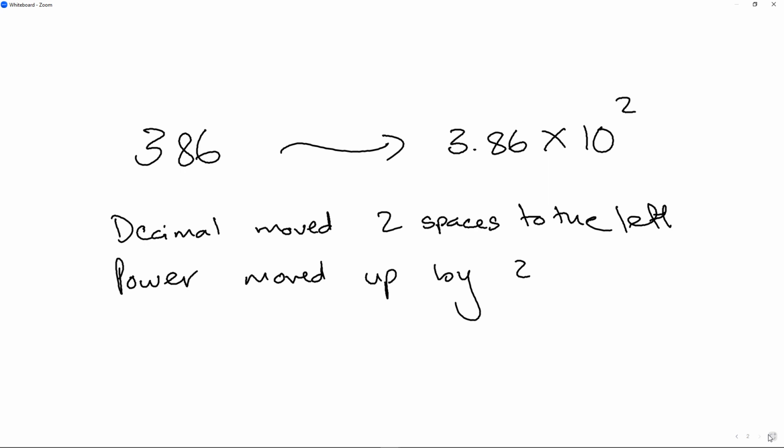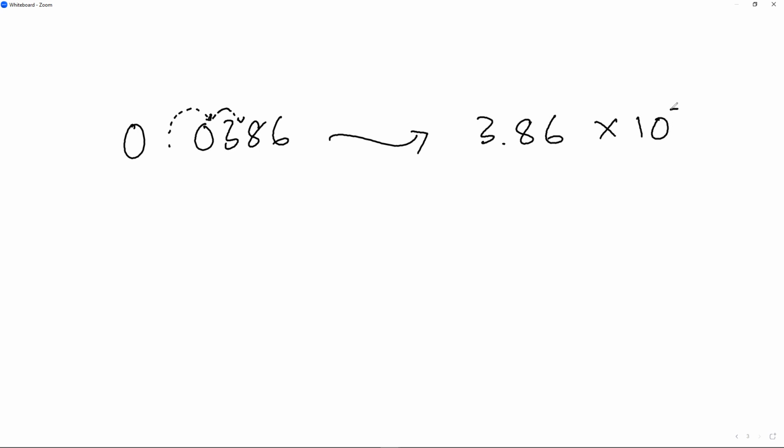Let's look at what happens when we move the decimal to the right. Suppose I got the number 0.0386. And I want to convert this, so I move it across once, twice, it becomes 3.86. And because I'm moving it right, it becomes 10 to the power of negative 2 from this here. All right, 10 to the power of negative.